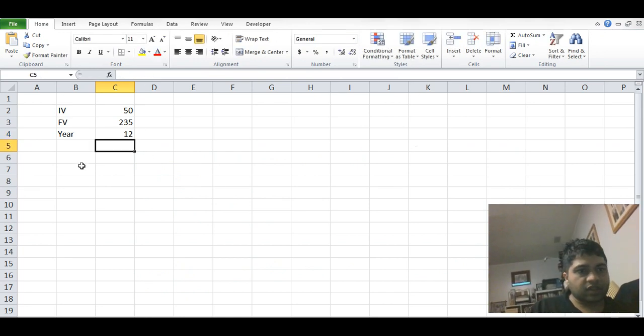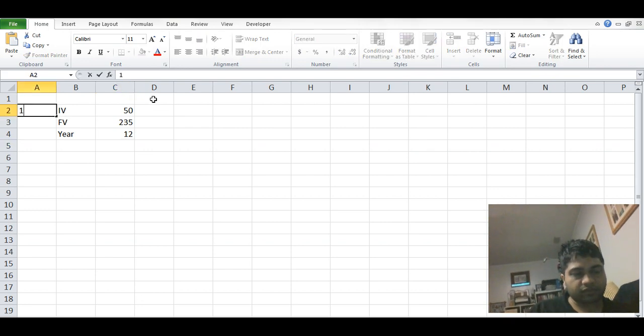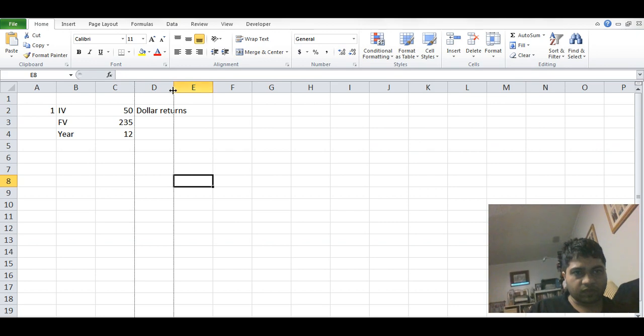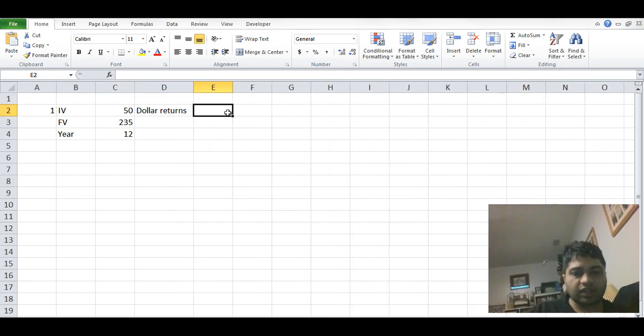Okay, so this is the first numerical. First they have asked you dollar returns. The formula for dollar returns is final value minus initial value.